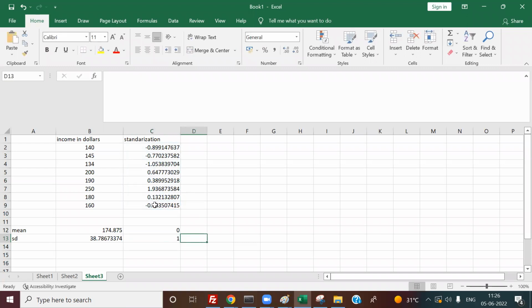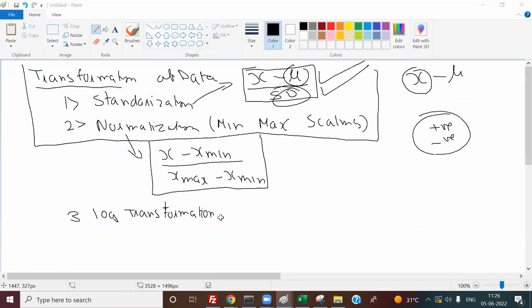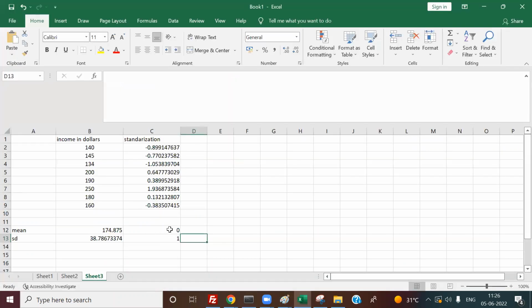Standard deviation is 1. Make a note of it: whenever you standardize your data, the new mean is always 0 and the new standard deviation is always 1.